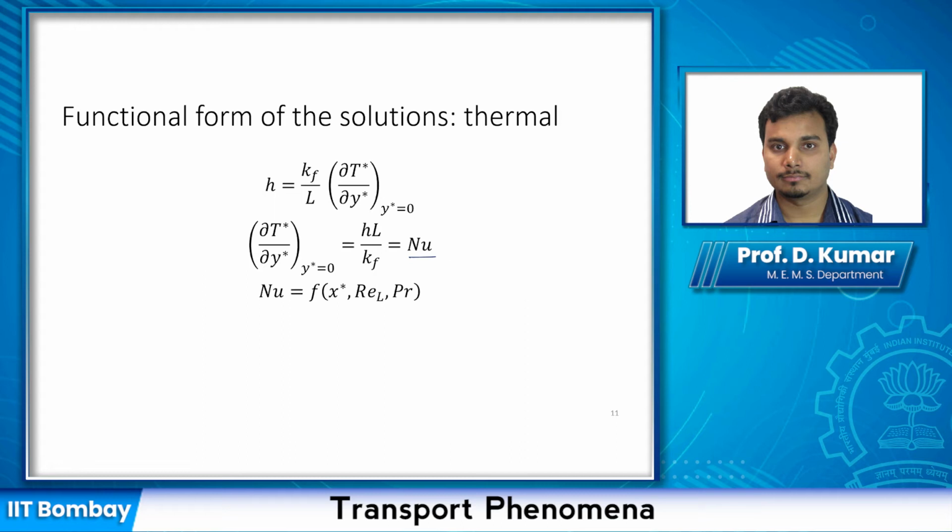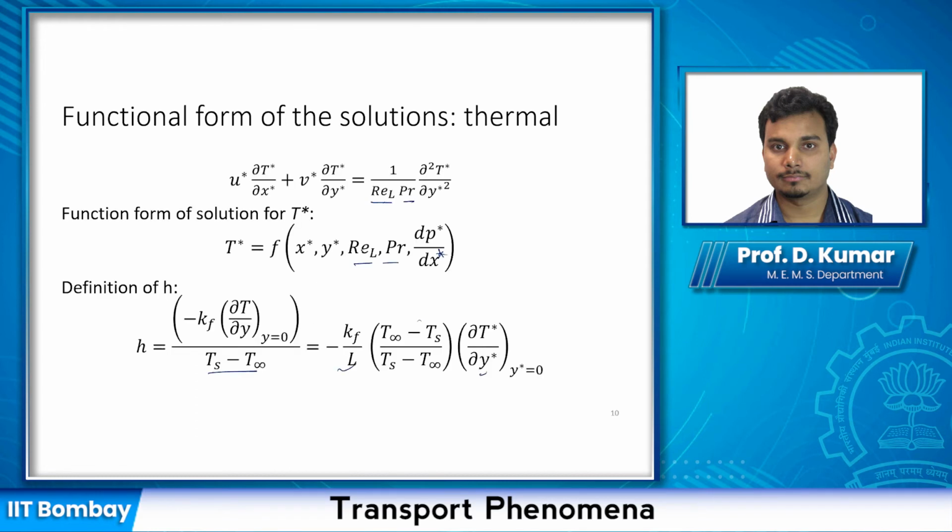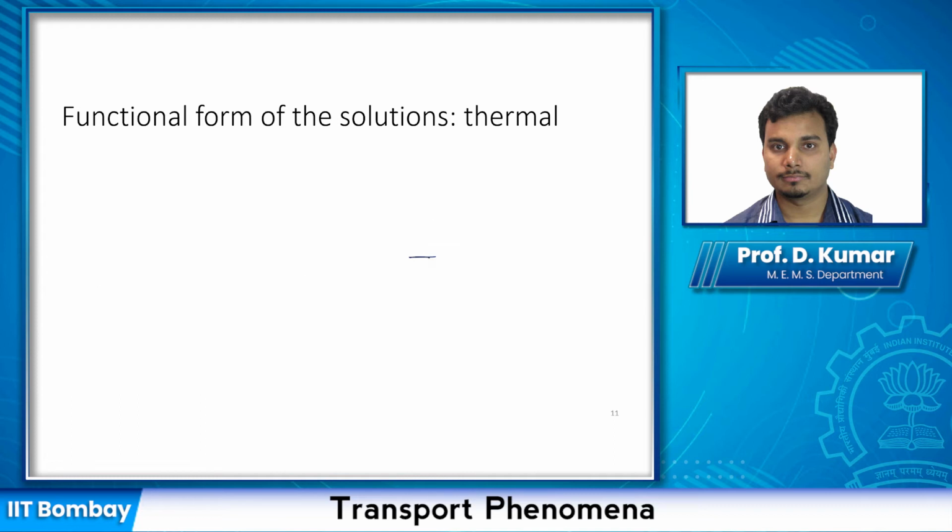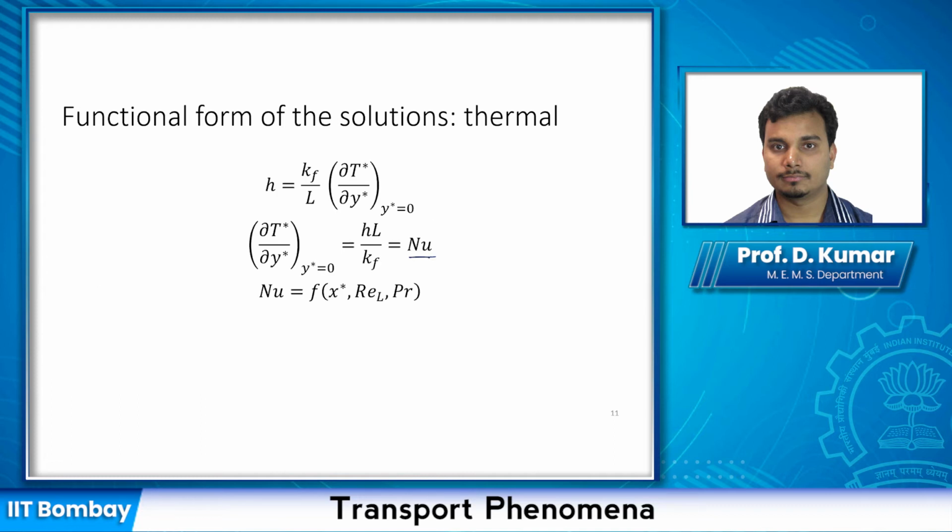So this Nusselt number itself will then depend on h. We know that the temperature depends on this x star, y star, Reynolds, Prandtl, dP star by dx star. So this will depend, for a given shape, only on x star, Re L and Prandtl number.